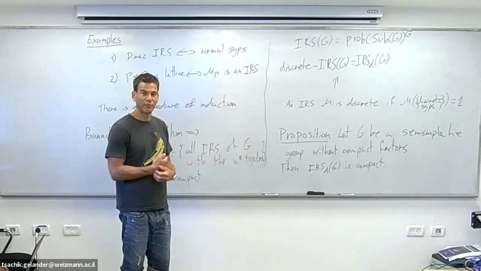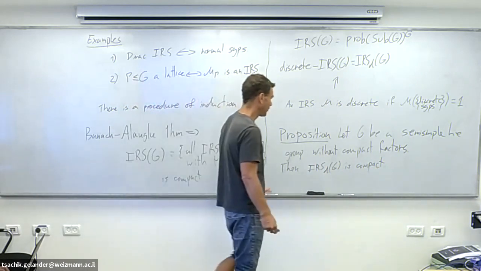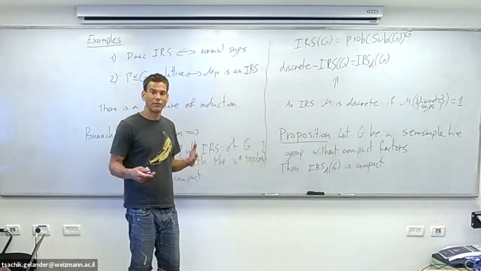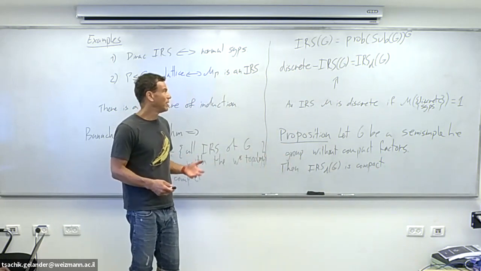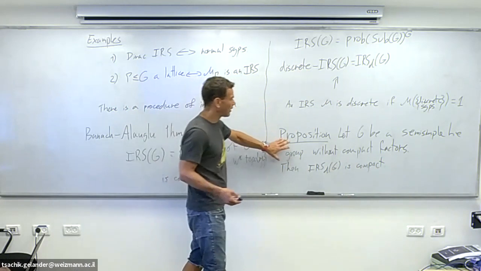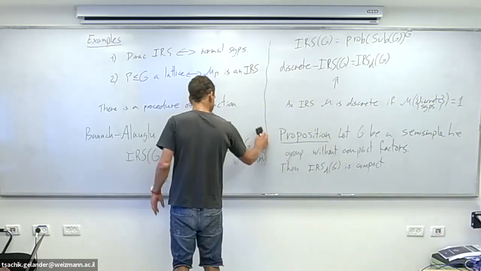So I want to prove this proposition, because it's valuable: later I want to say something about lattices and more general discrete groups, and I want it to be a compact space.